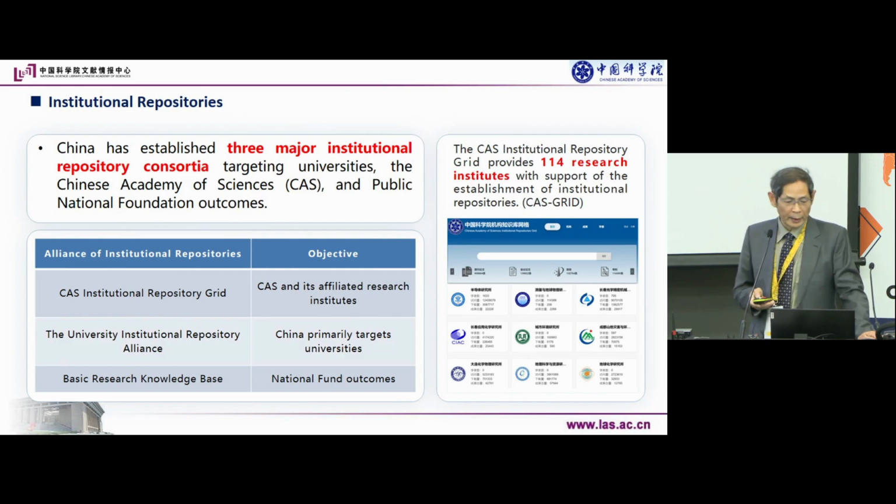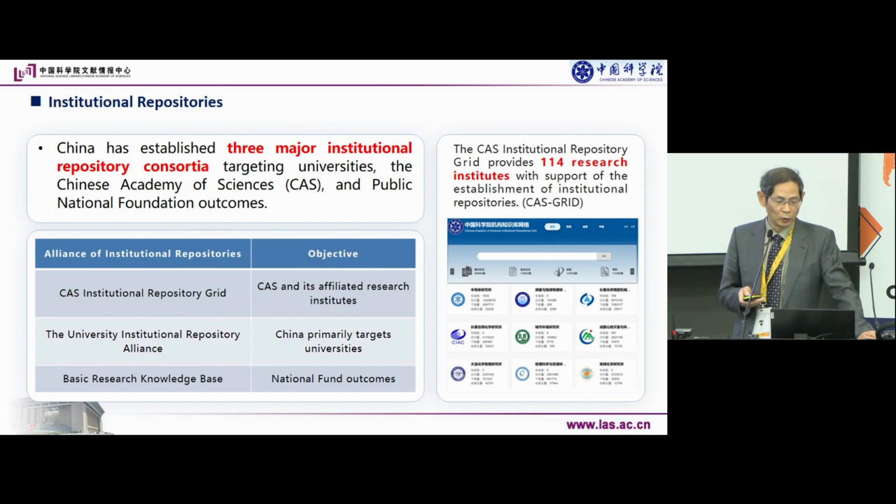Next, we have established the institutional repositories. This was promoted by my libraries about 20 years ago. About 100 research institutes form the CAS grid for that. We also have university institutional repositories and basic research knowledge bases for this kind of open access.